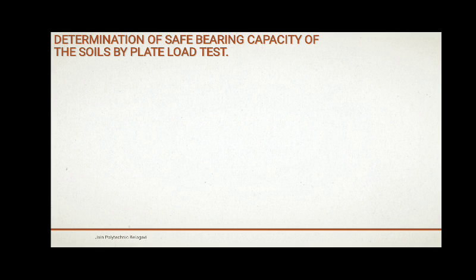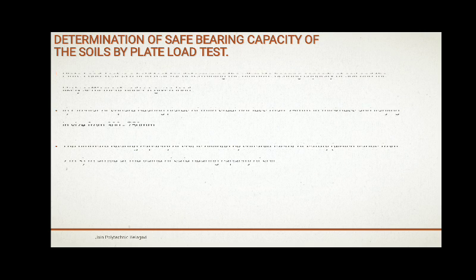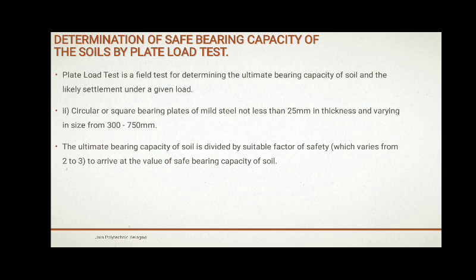Next is determination of safe bearing capacity of soils by the plate load test method. This is one of the methods used to determine the bearing capacity. It is a field test for determining the ultimate bearing capacity of soil and likely settlement under a given load.